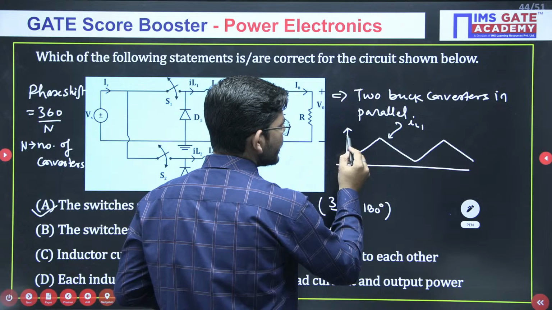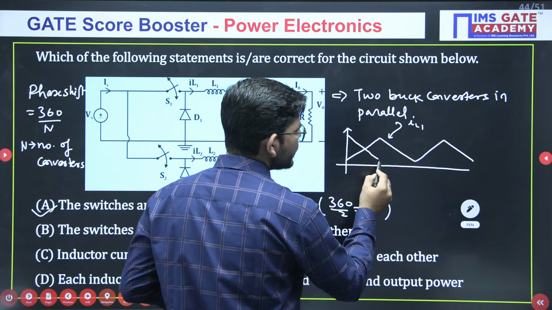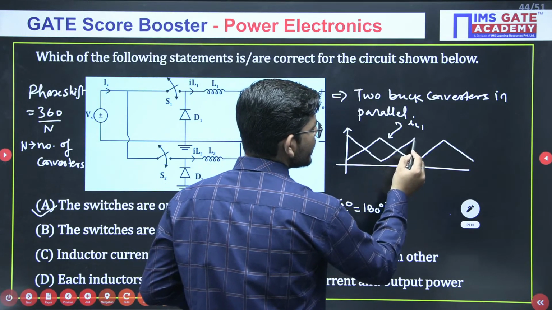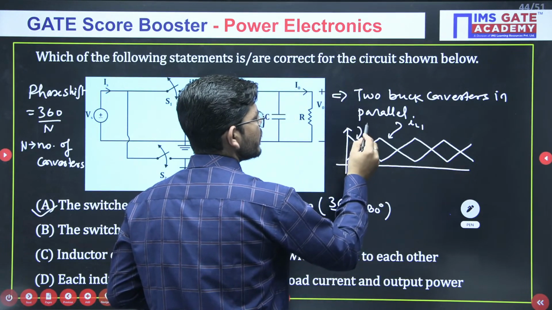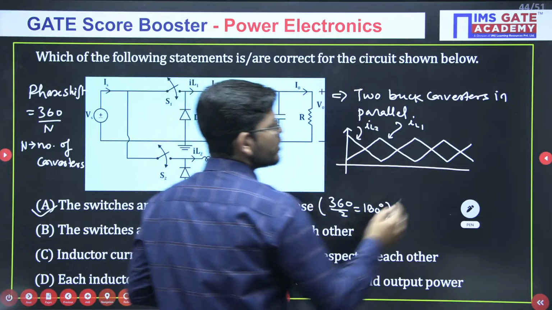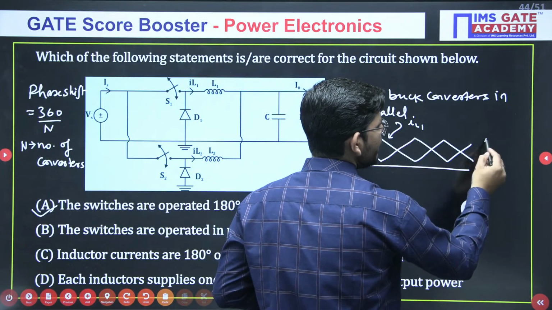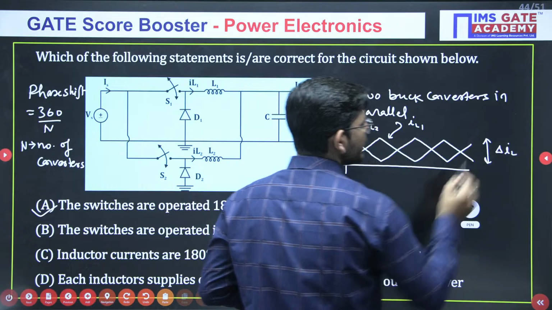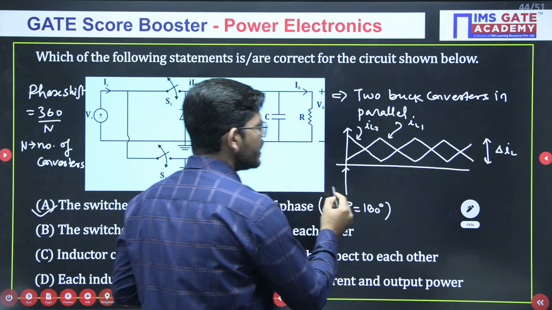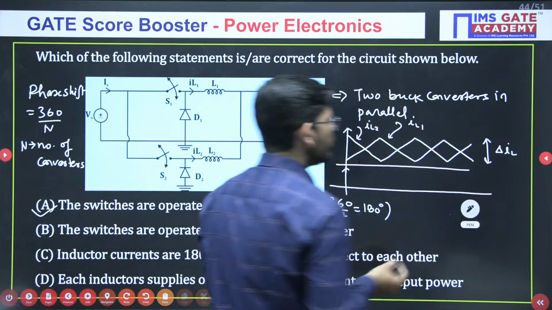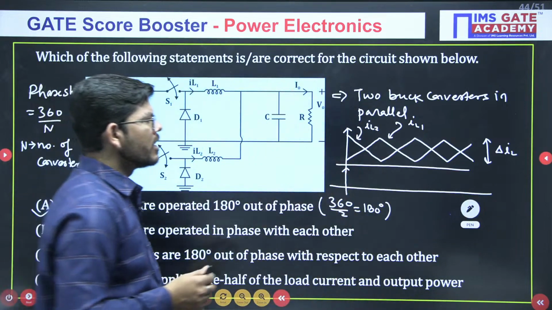Then I will be operating the second converter in such a way that inductor current will be first decreasing, then increasing, then decreasing, then increasing. Just reverse of the first one. Okay. So how much ripple we have right now? This much ripple. So individual ripple is del IL.